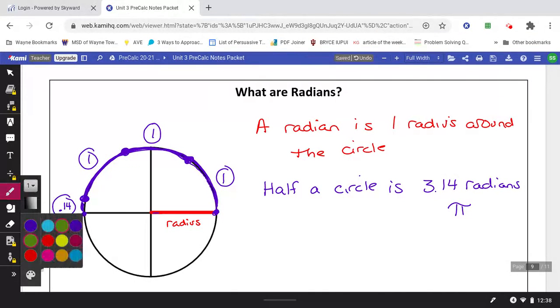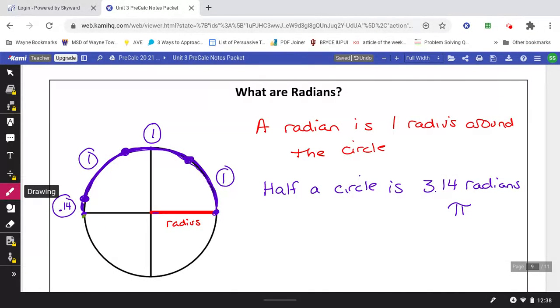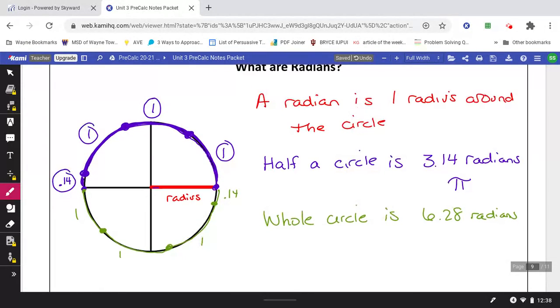Now, if you go around the entire circle, that same thing happens. You have another 1, 2, 3, and 0.14. Another 1, another 1, another 0.14. And so if you total up the entire circle, you get double that 3.14, which is 6.28 radians, which gives you 2 pi.